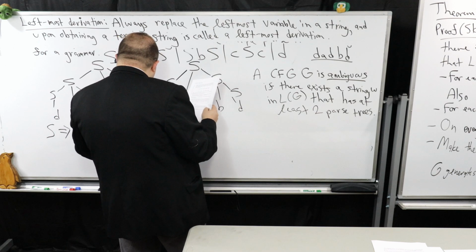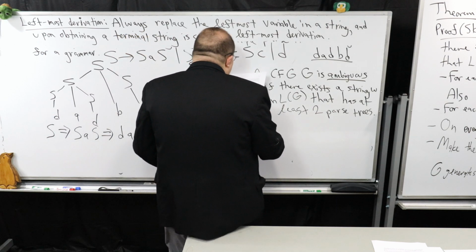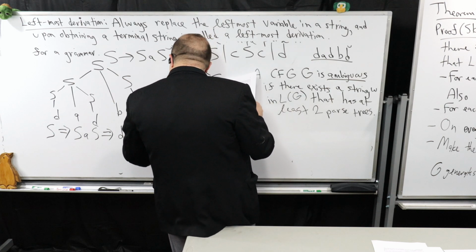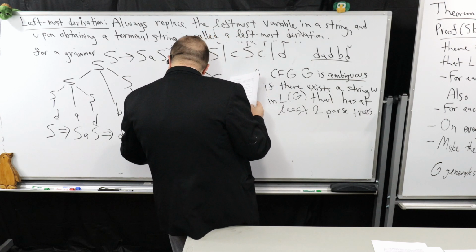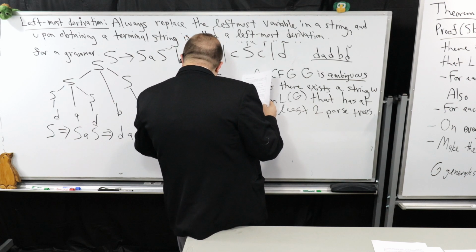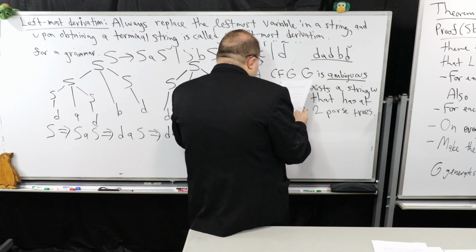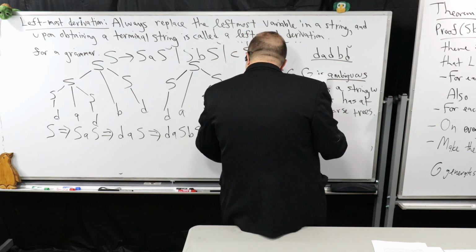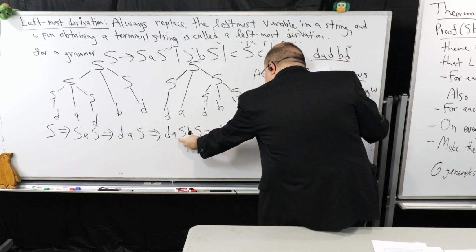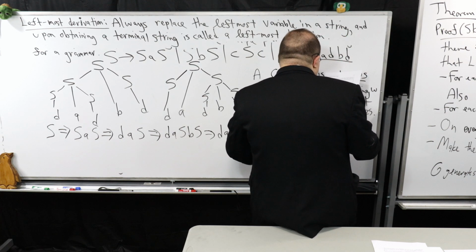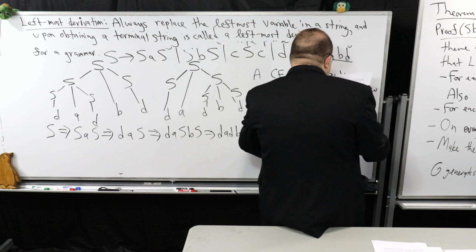So I'll have DAS. And then I'm going to replace this one with the SBS rule. DASBS. And then you end up with DABS. I'm just going to replace this S with a D, and I'm going to replace this S with a D. So I end up with DADBD.